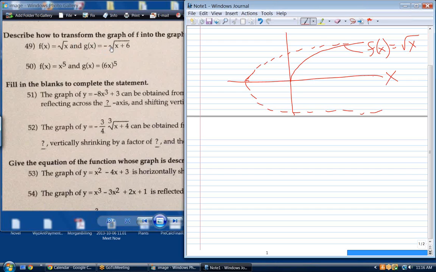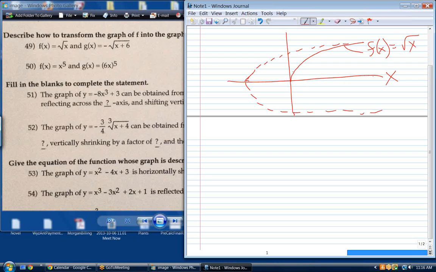Now, the order of transformations is kind of important. Always do your reflections first. If you do the horizontal translation before a reflection, you can end up with the wrong graph. So if you're doing both horizontal and reflections and vertical, make sure you do the reflections first. As long as you do any reflections first, I believe that solves the problem.